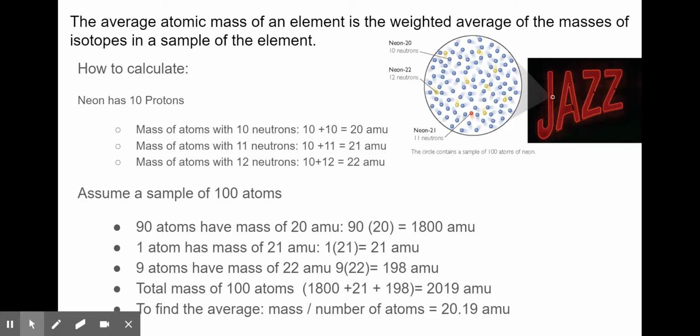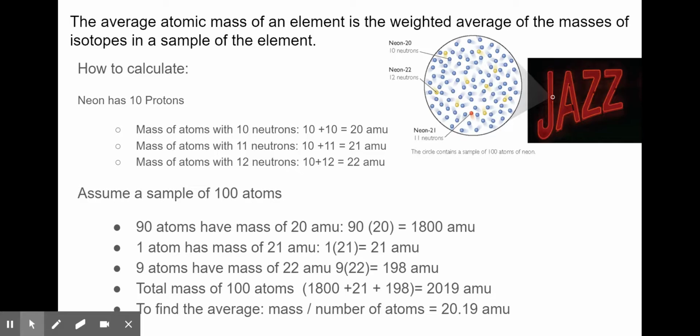The yellow ones are neon 22. They have 12 neutrons, and then you have neon 21, which has 11 neutrons, okay? So we are going to always want to assume that we have a sample of 100 of these, okay?